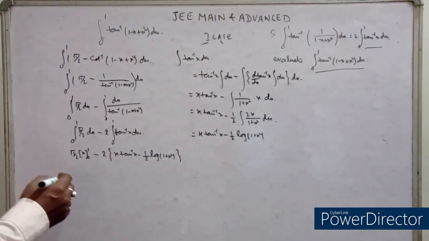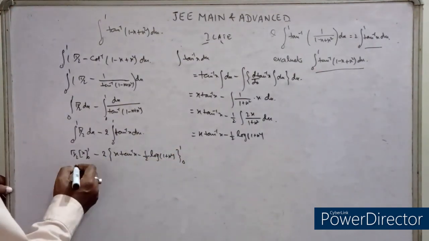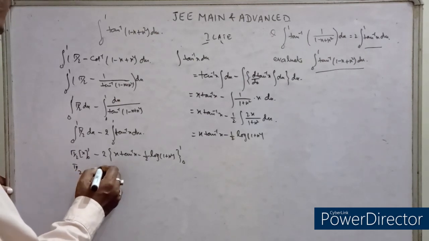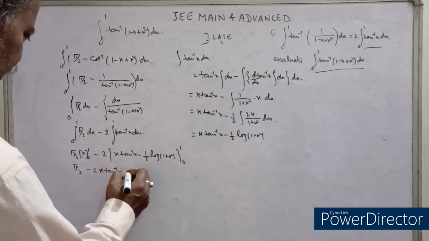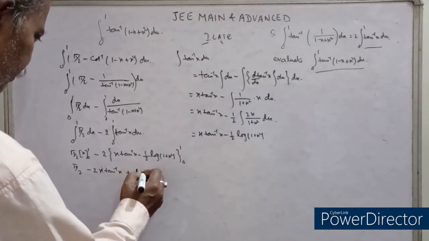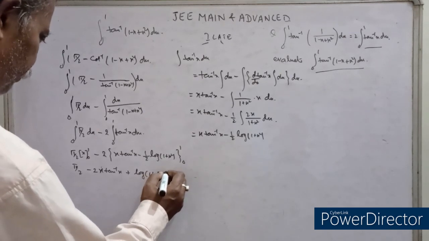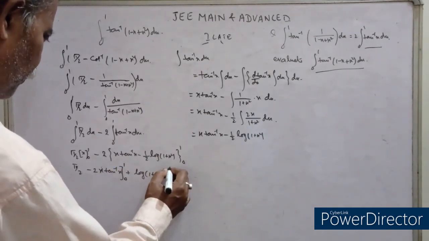So this comes out to be pi by 2 times x from 0 to 1, minus 2x tan inverse x plus log of (1 plus x square), with the limits 0 to 1.